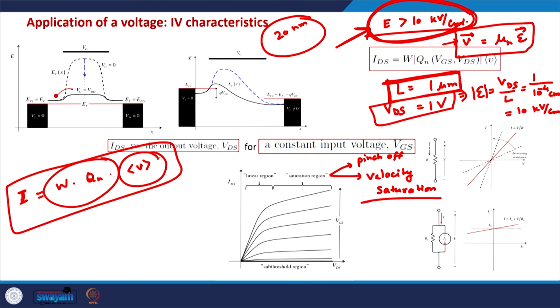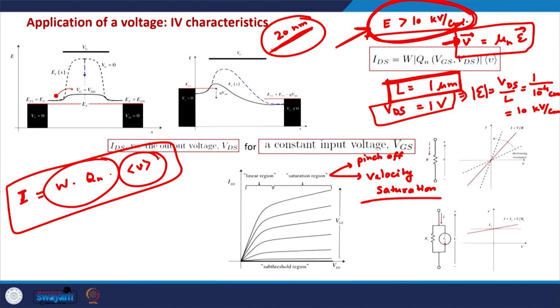When the MOSFET channel length is around 100 nanometer or 500 nanometer or around 1 micrometer, in that case this velocity saturation argument will hold.